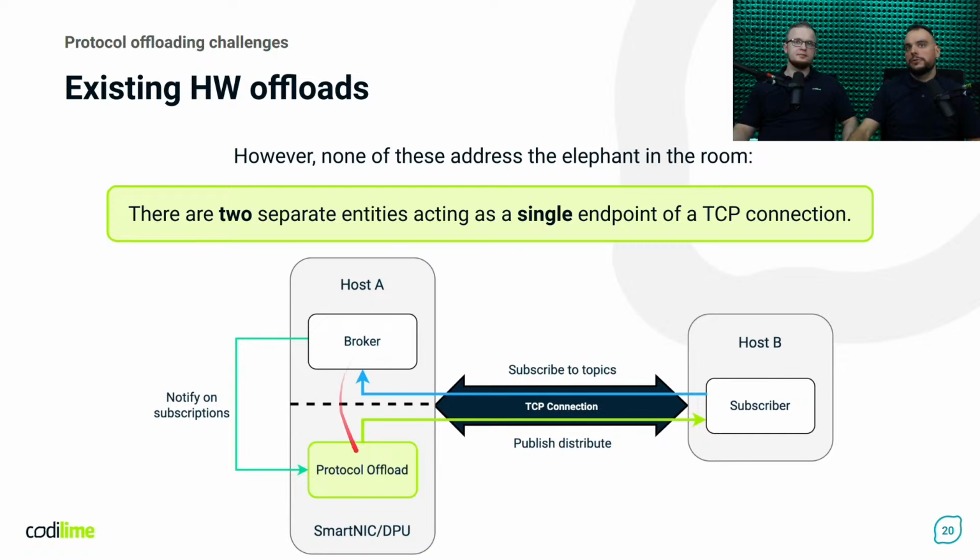We have both broker and the protocol offload, and part of the TCP stream sent from the subscriber needs to be passed to the broker, part to the protocol offload. So the result is that this architecture is not really supported by the hardware offloads we have previously mentioned. We still need to develop something in our own way.